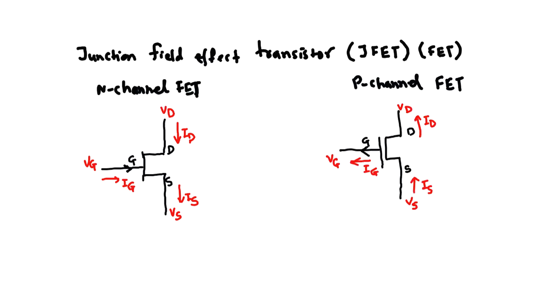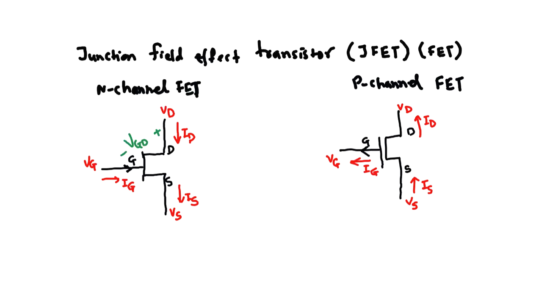Similarly, we can indicate the voltage drops across the three terminals of the N channel and the P channel FETs. Here the gate is negative with respect to the drain, and the voltage between gate and drain is called VGD.